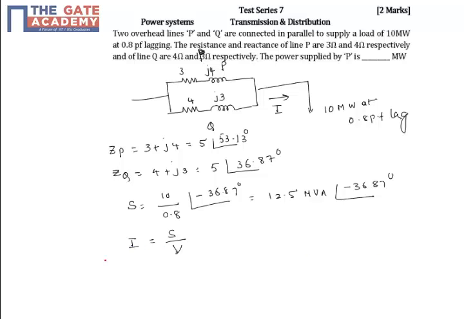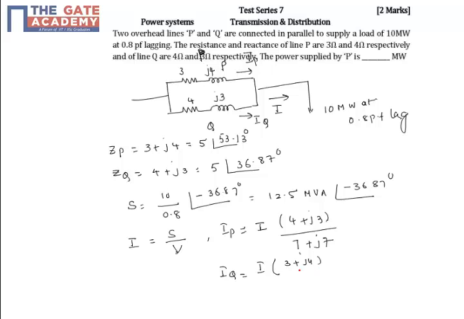Similarly, if I know the current I, I can find out IP and IQ. So I'll take this as IP and this as IQ. So IP is nothing but the total current I into (4 plus j3) by (7 plus j7). Similarly, IQ is equal to I into (3 plus j4) by (7 plus j7).